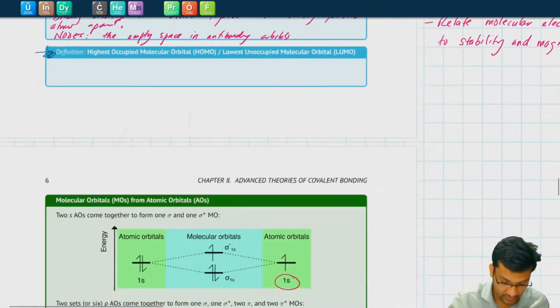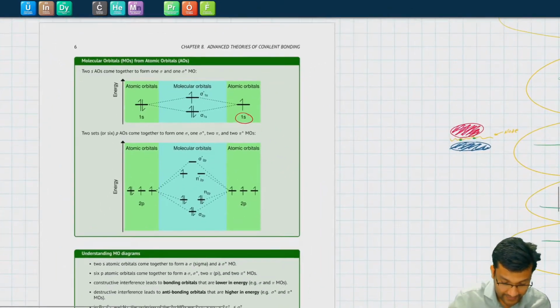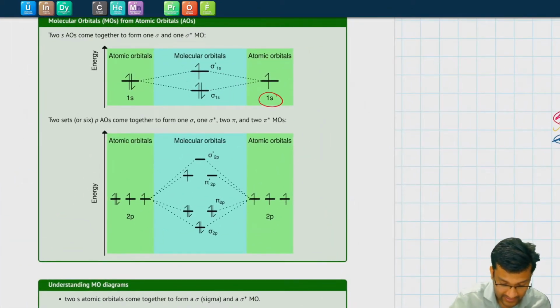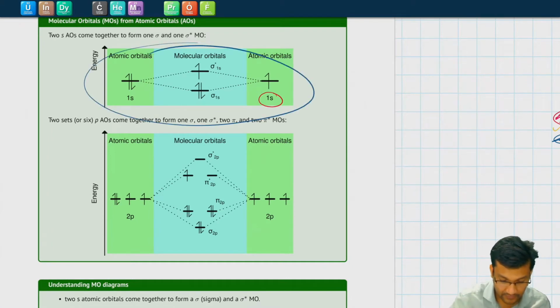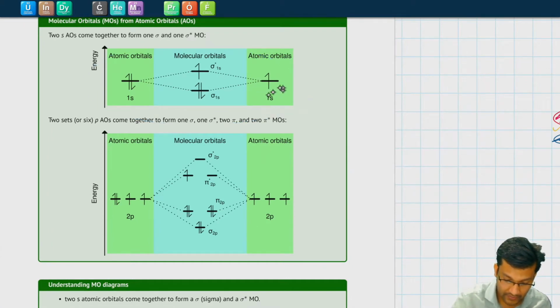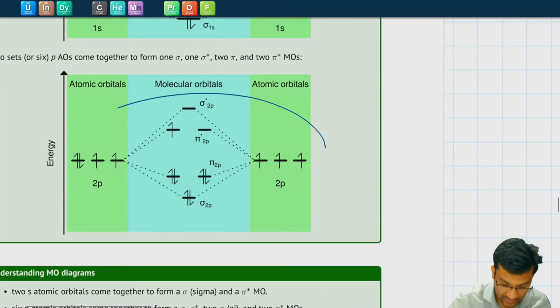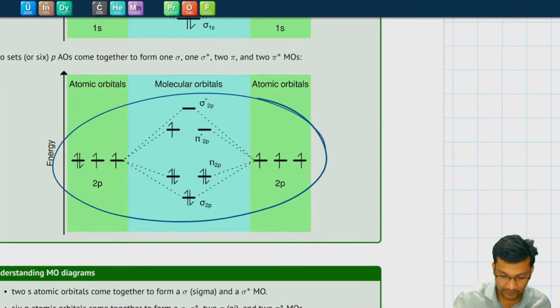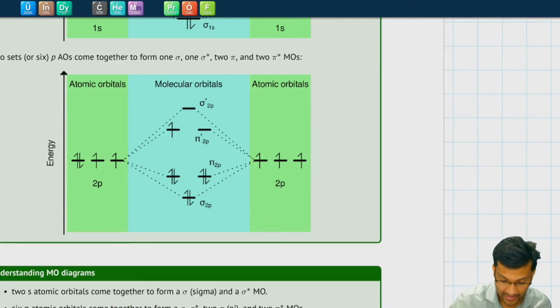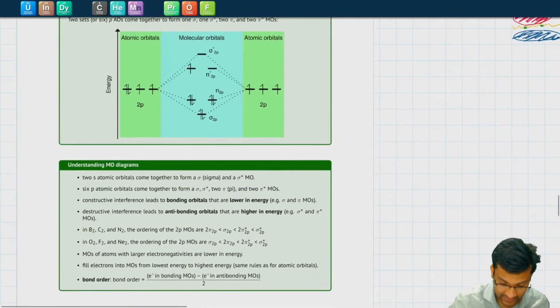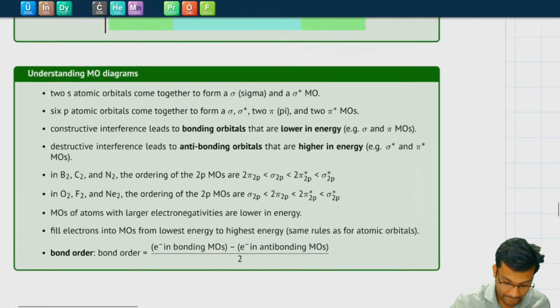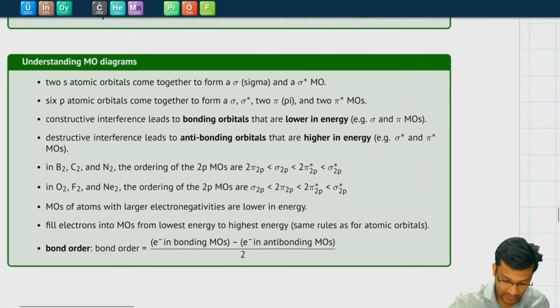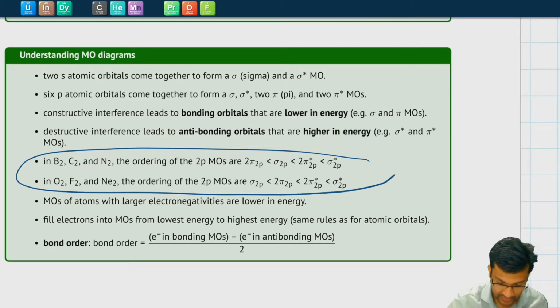Highest occupied molecular orbitals. All right, so now we have an idea of when s orbitals come together, they form two sigma orbitals. When p orbitals come together, they form 4 pi orbitals and 2 sigma orbitals. And to figure out exactly what their energies are, we use these rules right here.